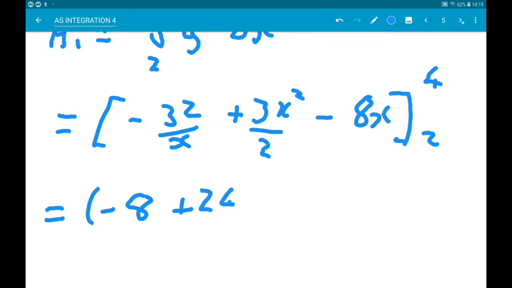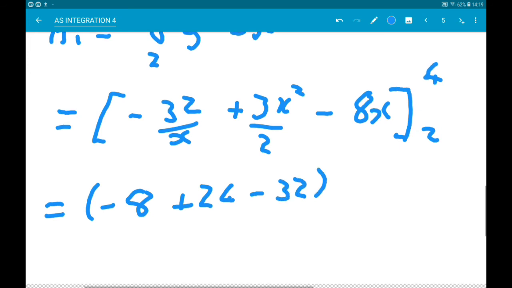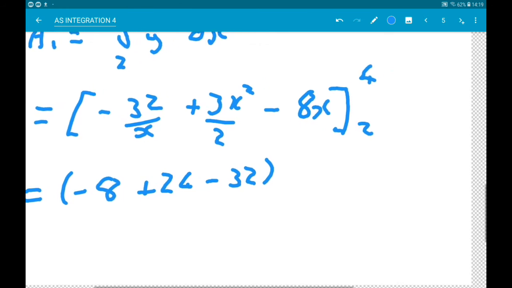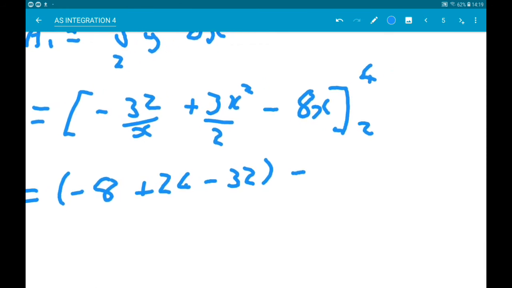And then minus 8 times 4 is minus 32. Okay, and then we put in 2. So we subtract what we get when x is 2.